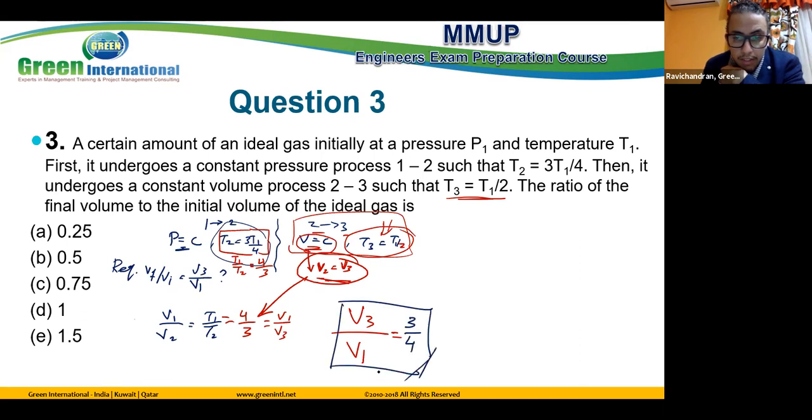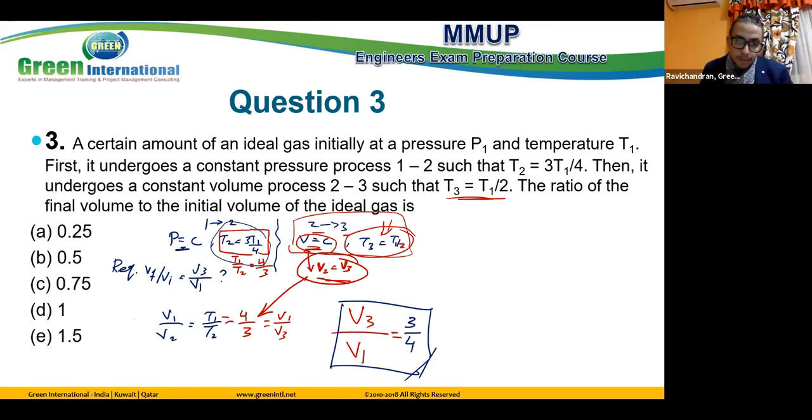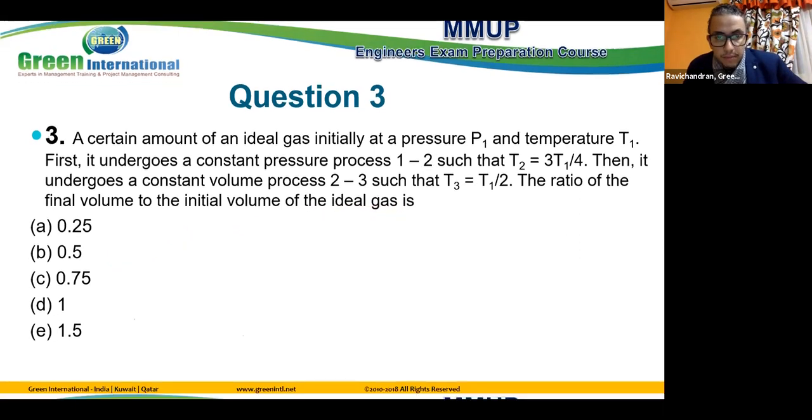So what is the exact answer? 0.75. The exact answer is C. If you have any question for this problem, tell me. Any question? No? Let's go to the next.